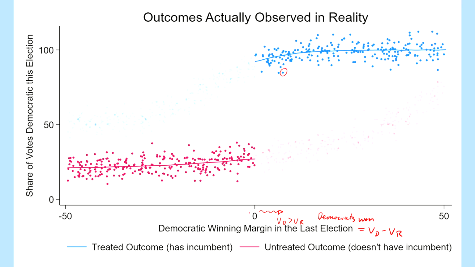For everywhere to the left of this zero, the share of votes that went Democrat minus the share of votes that went Republican is less than zero. The Republicans won this election, and the Democrat does not have the incumbent. So we're dealing with lots of untreated outcomes over here. This is what we have.